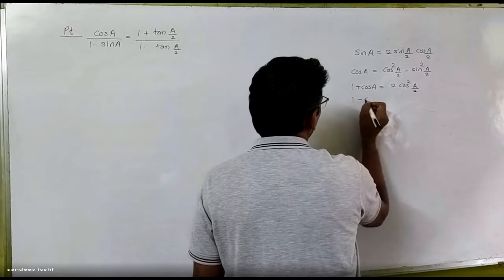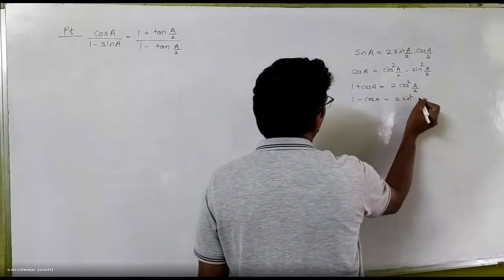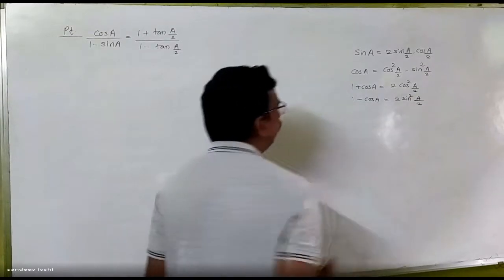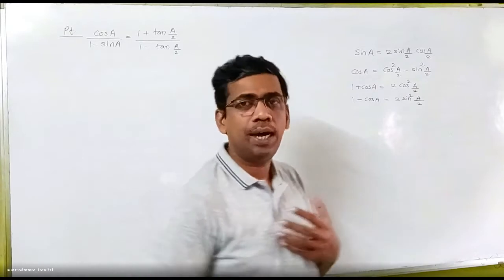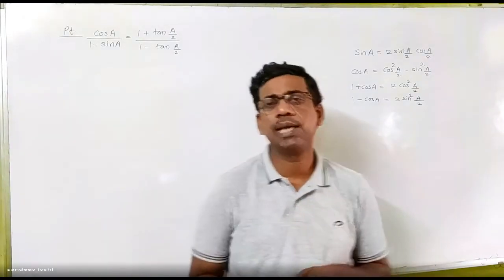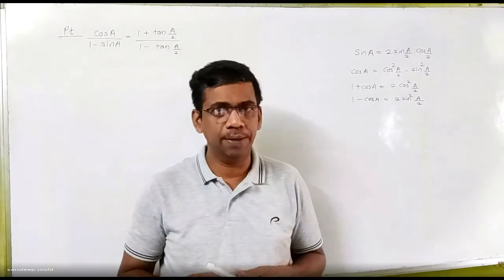And when we have 1 minus cos A, we have a practice of using the formula 2 sin square A by 2. So from the very basic concept, we should use the formulas as per our need.